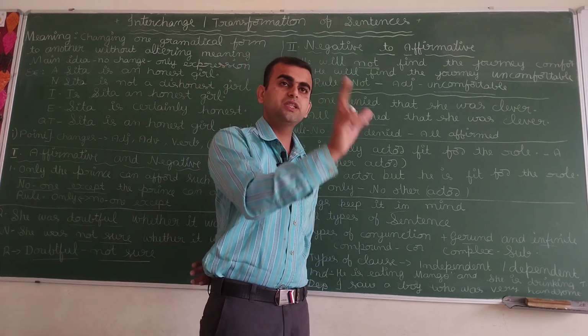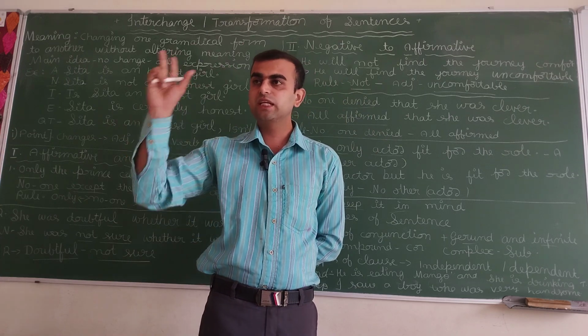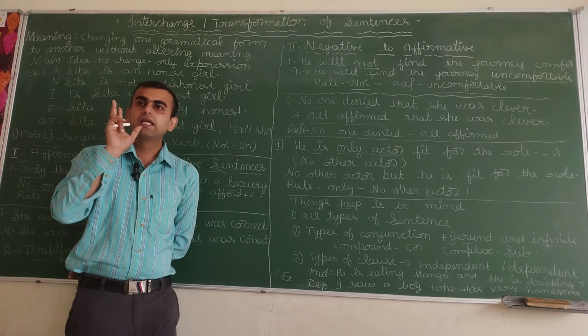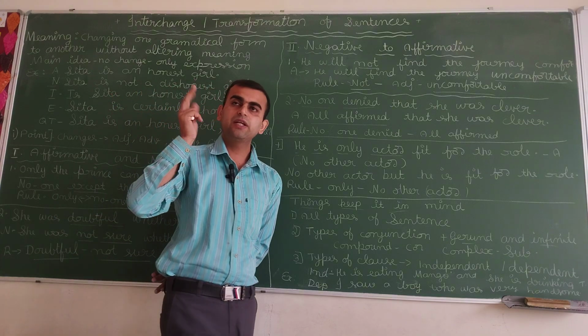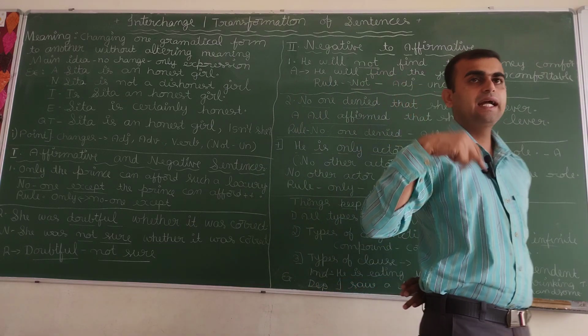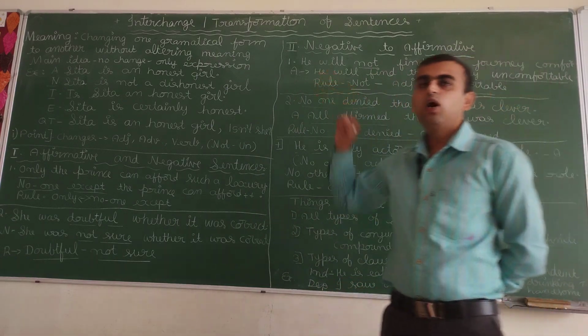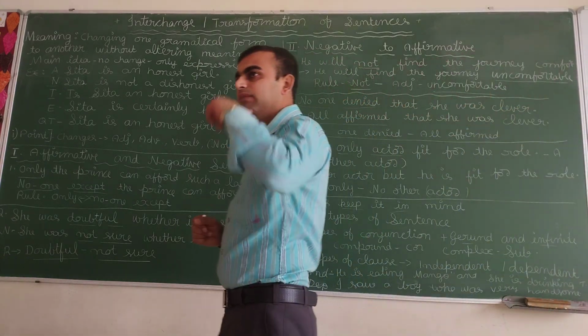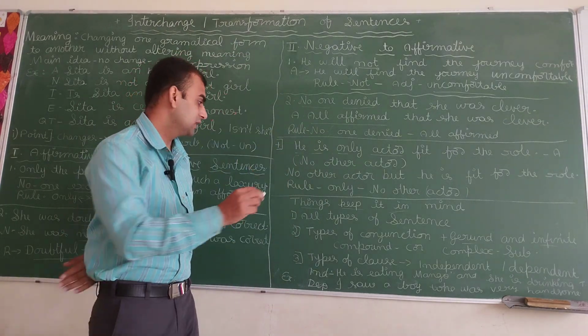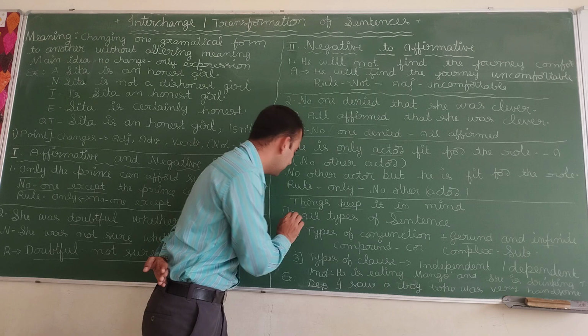If the statement is positive, the question tag is negative. If the statement is negative, the question tag is positive. Then imperative sentences, optative sentences, exclamatory sentences, and negative sentences. Also in transformation of sentences there come simple sentences, compound sentences, and complex sentences. Okay, these are the first things we must keep in our mind.